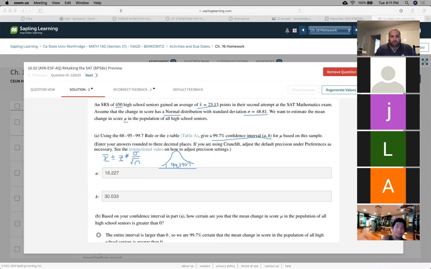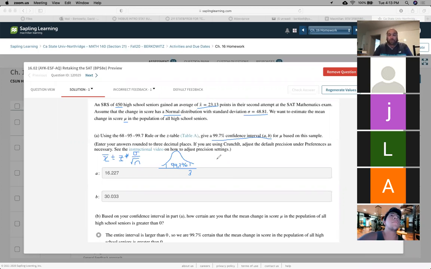Now I know just from the 68, 95, 99.7 rule that a Z star of 3 is the right edge of 99.7%. Because my rule tells me that 99.7% of my data falls within 3 deviations.